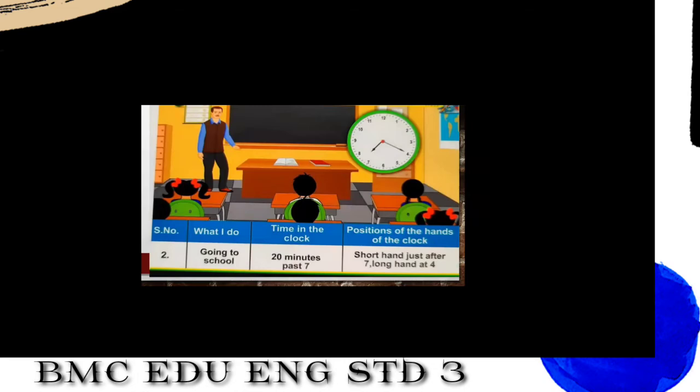Next, going to school. Suppose the time is 20 minutes past 7. In the time in the clock column, you are going to write 20 minutes past 7. And how is the position of the hands of the clock? Yes, short hand just after 7 and long hand at 4.